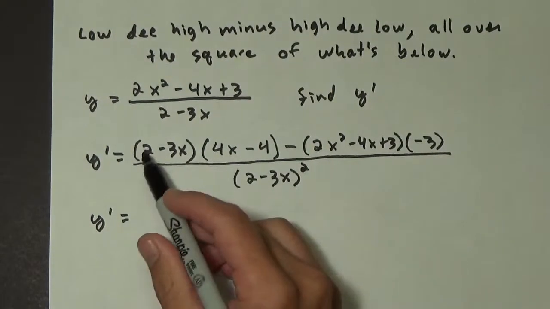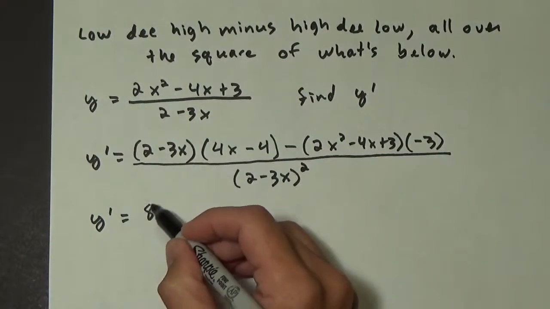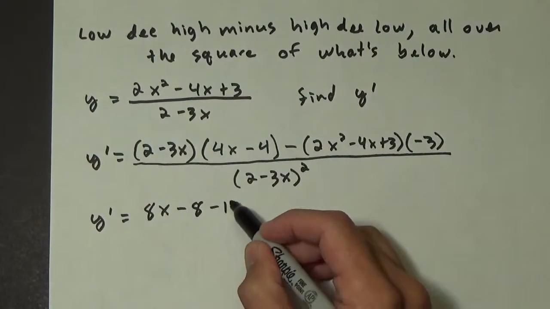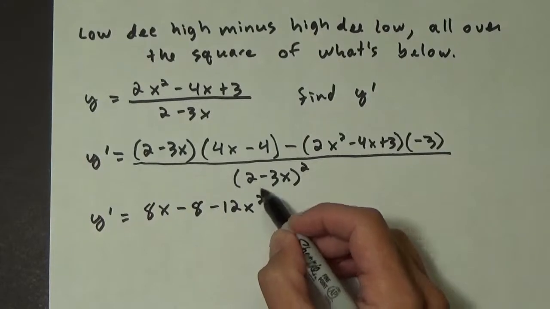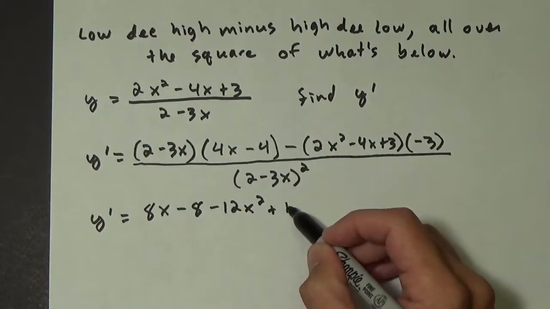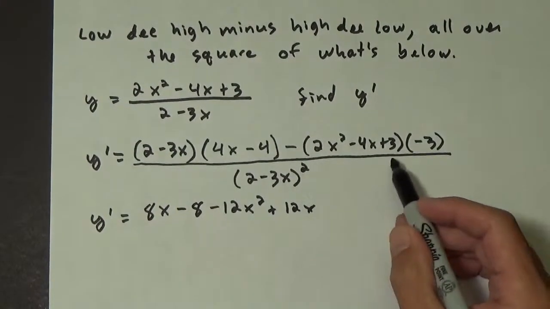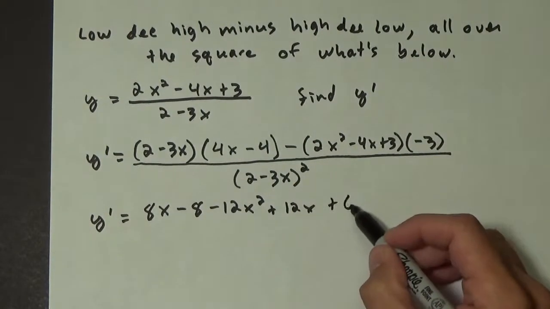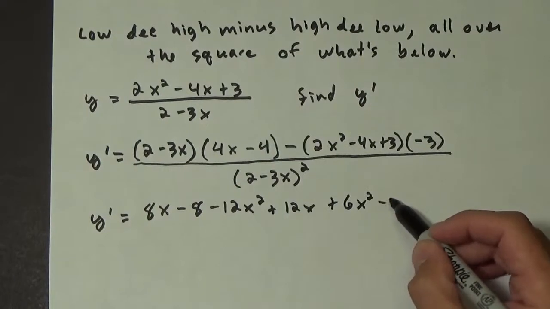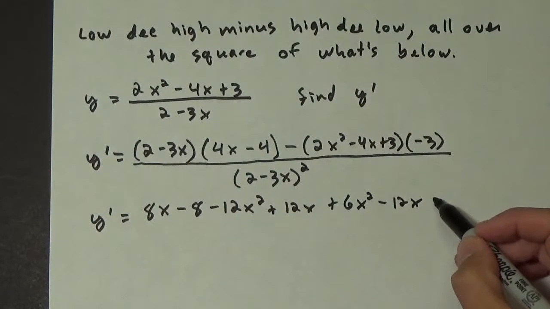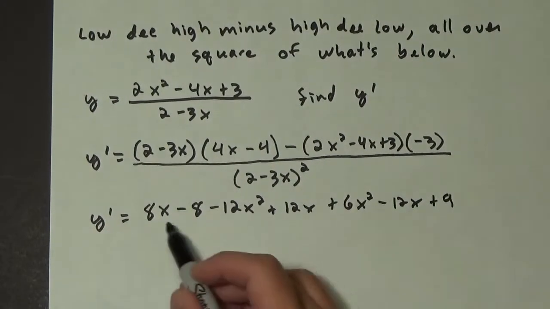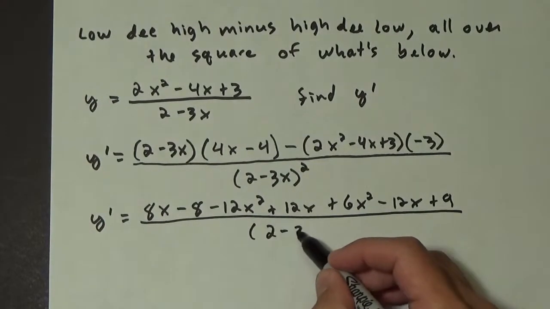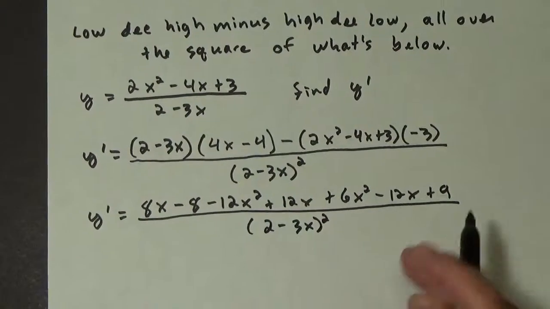Let's multiply this through. So 2 times 4 is 8x minus 8 minus 12x squared plus 12x. The negative and the negatives cancel out, so we get plus 6x squared minus 12x plus 9, all over 2 minus 3x squared.